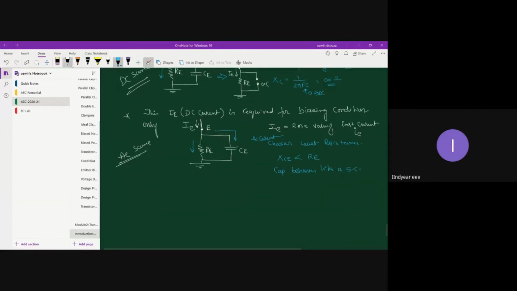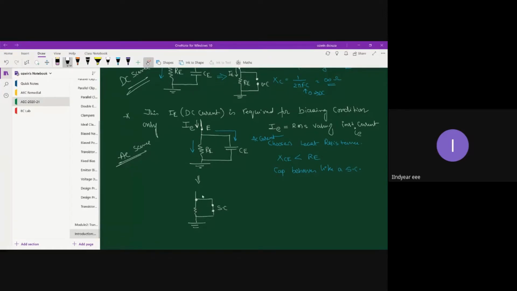So the capacitor is going to behave like a short circuit. Hence, this is what the circuit looks like for an AC signal. This is the short circuit.